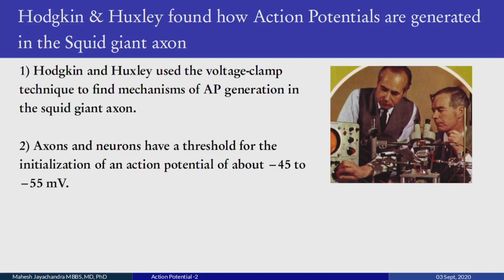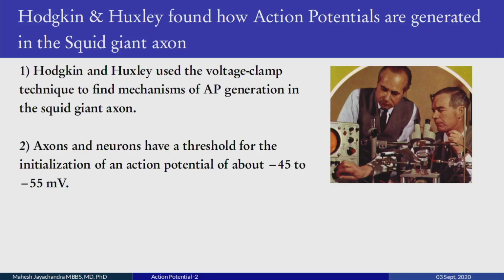So Sir Alan Hodgkin and Sir Andrew Huxley found out how the action potentials are generated in the squid giant axon. And it was a remarkable tour de force when they did it, because though a lot of evidence had been accumulating, they were the first to prove the actual mechanisms, physiologists.